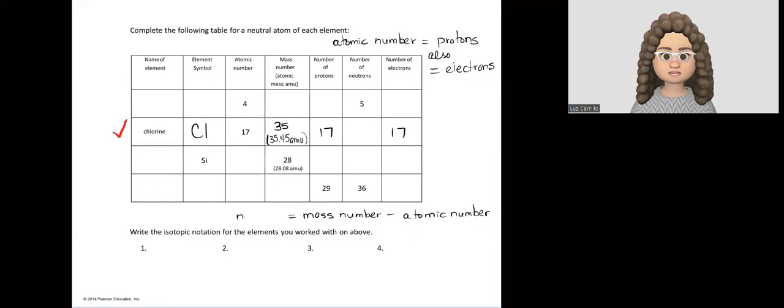That's what's going to give me the neutrons for an atom. So when I take 35 minus 17, that means that for chlorine, I have 18 neutrons. Understand that for the neutrons, you cannot use the atomic mass with its decimal value because we don't have partial neutrons. We utilize a whole number.